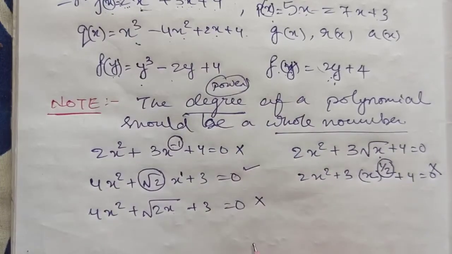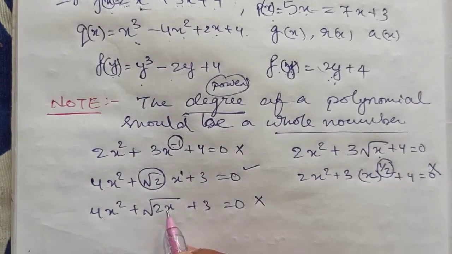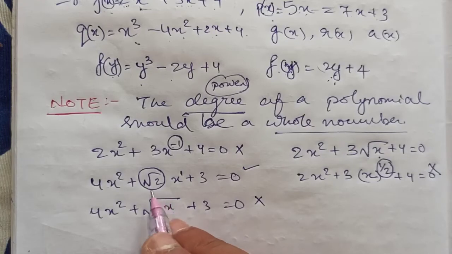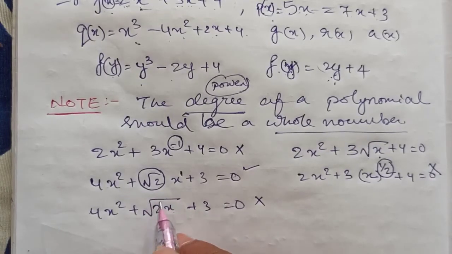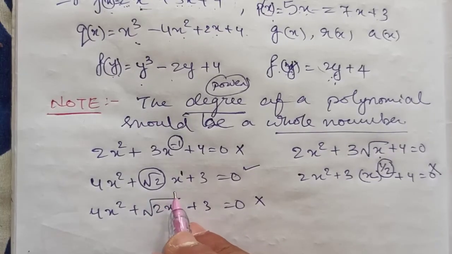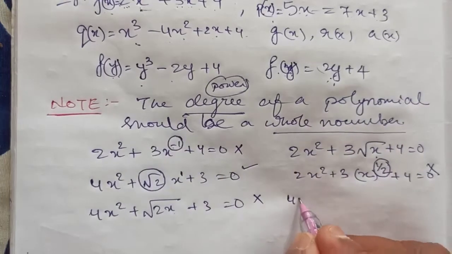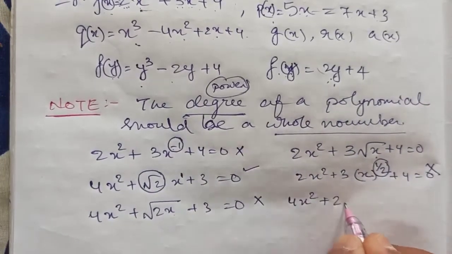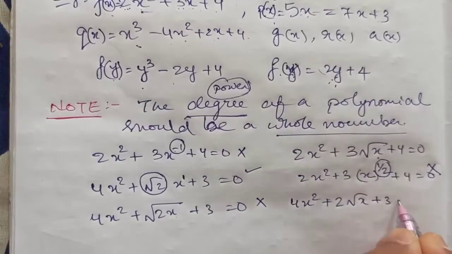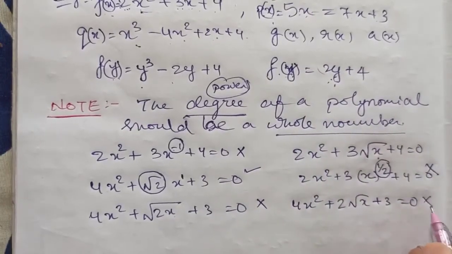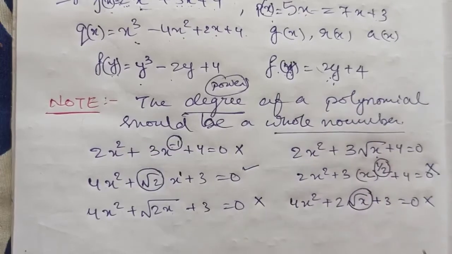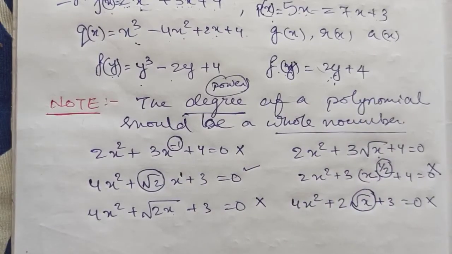Then it is not a polynomial. The variable should not be written inside the square root. A number we can write, okay, but the variable should not be given inside the square root. Like 4x square plus 2 root x plus 3 equals 0. This is also not a polynomial because the variable is given inside the square root. Understood? In this way we can find out all the types of polynomials.